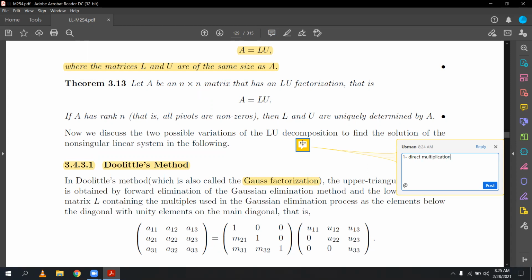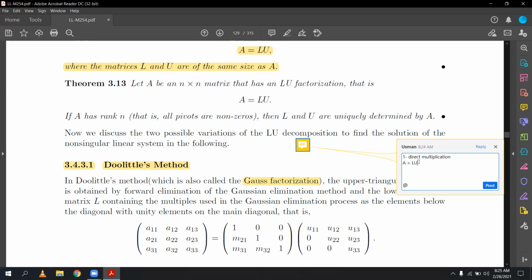What is direct multiplication? You are given A equal to LU. You multiply L and U together and then equate with A and find the values of L and U, which is slightly lengthy, because first you have to be very good at multiplying L and U. And then when you have the new matrix, you compare it with A because it's an equal sign.